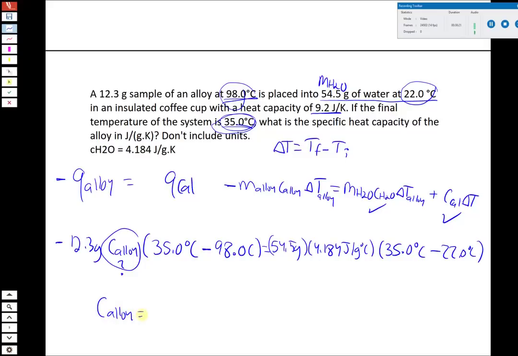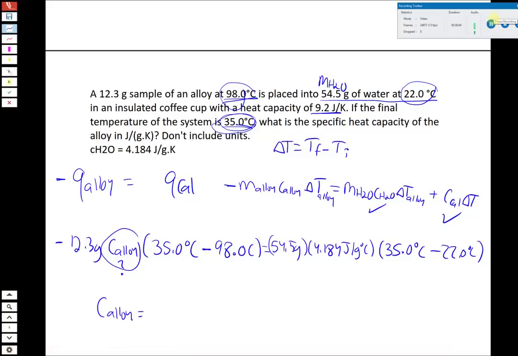Let me work this out as quick as I can, because you don't want to wait for me forever to do this. Let me pause this and do the math.